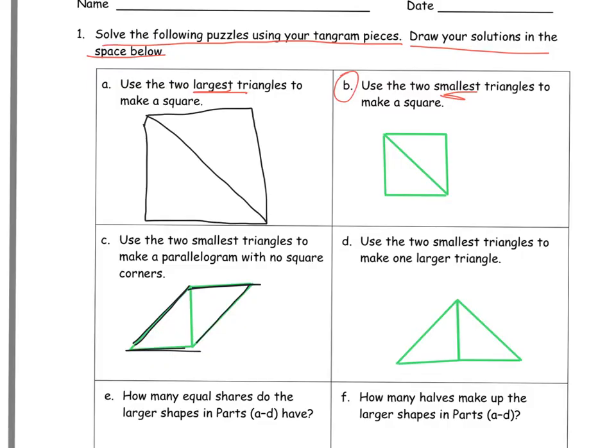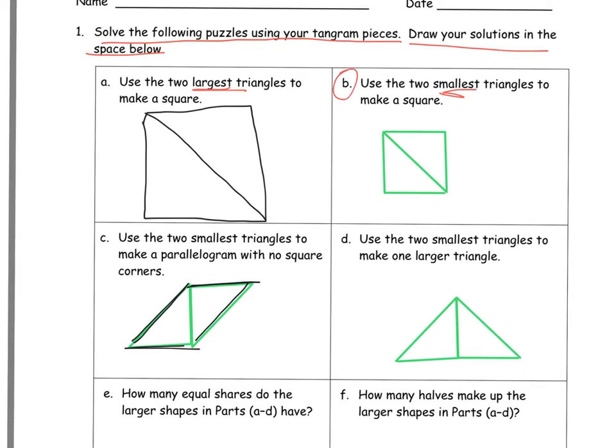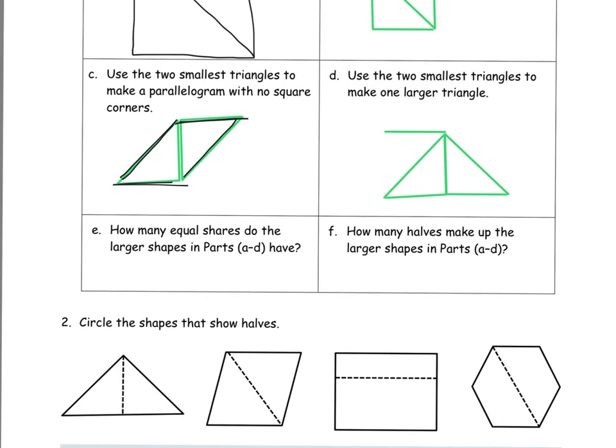So what I'll do now is move on down to E and F. So let's take a look at that. E and F are going to say how many equal shares do the larger shapes in parts A through D have?